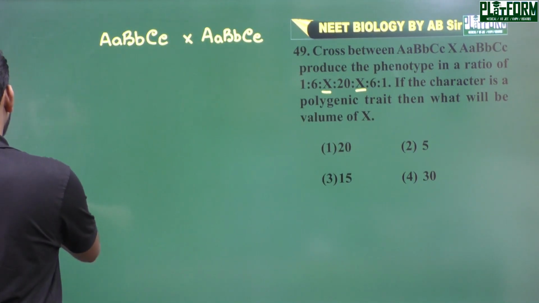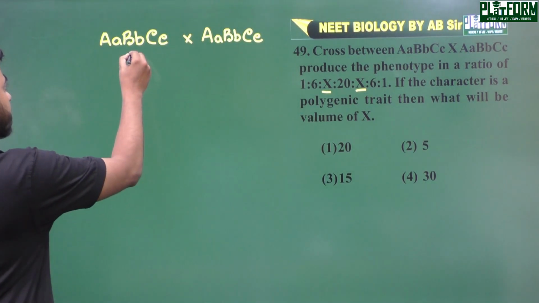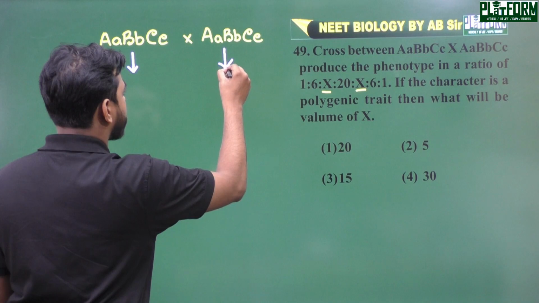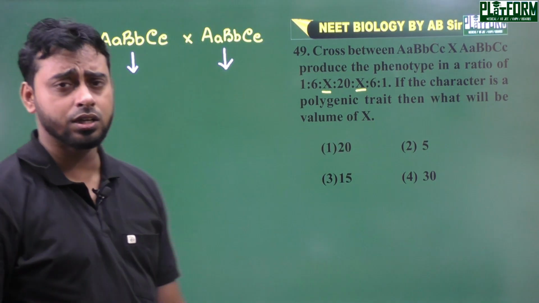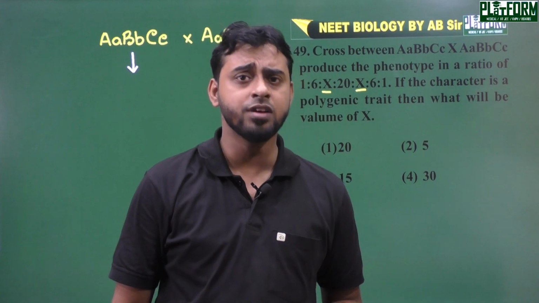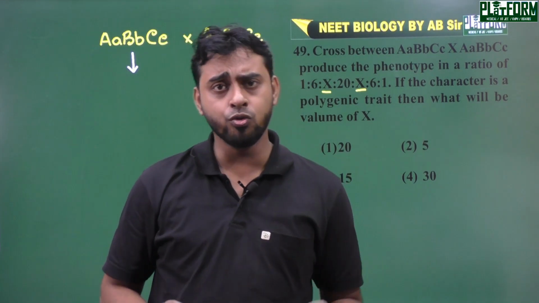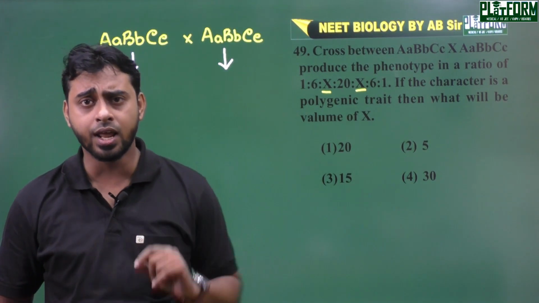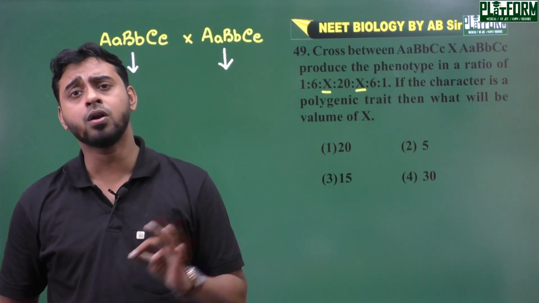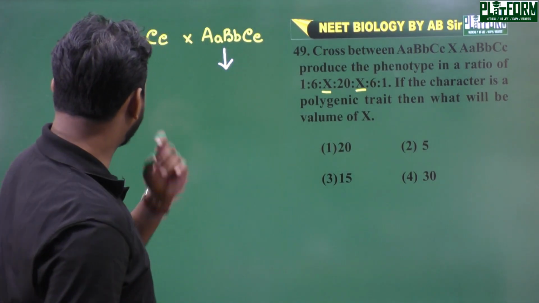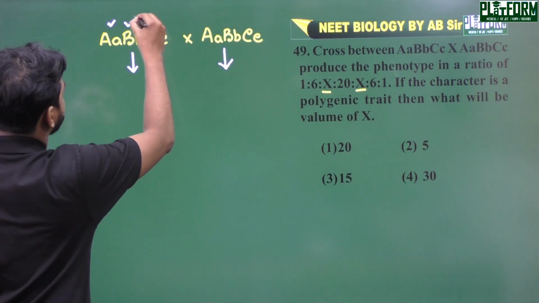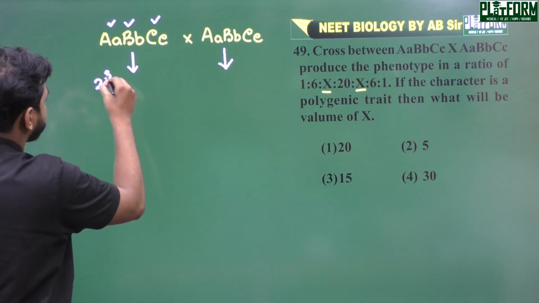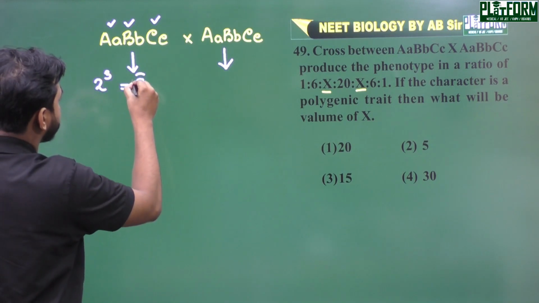Now we know that these two parents, at the time of sexual reproduction, produce different types of gametes, and the formula through which we can calculate the types of gametes is 2 to the power n, where n is the number of heterozygous conditions. So here there are 1, 2, 3 heterozygous conditions, so it is 2 to the power 3, 8 different types of gametes.